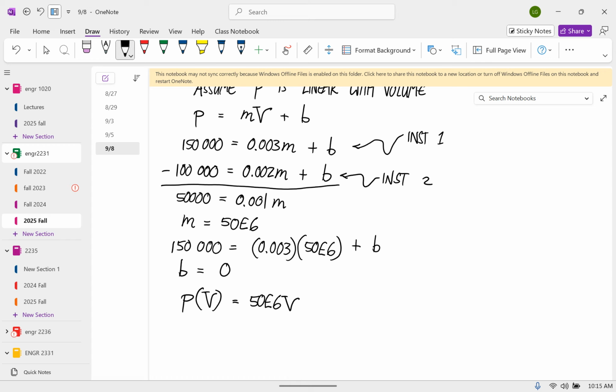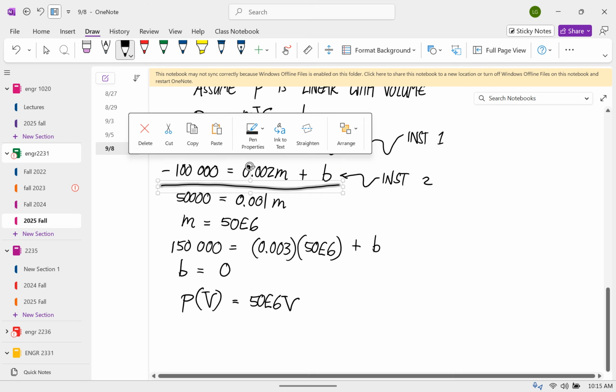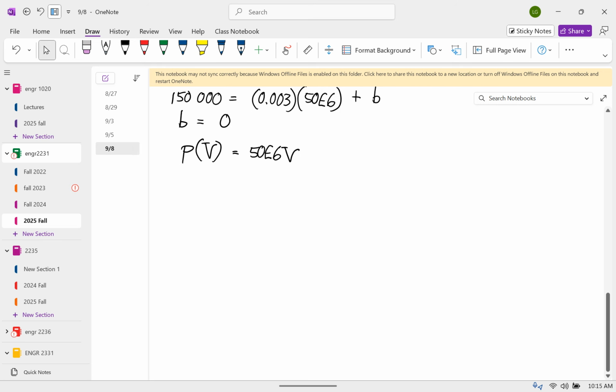Any questions about coming up with that linear relationship? And now we can go to the integral. So the work of expansion is equal to the integral from 0.003 to 0.002 of 50 times 10 to the 6 V dV.